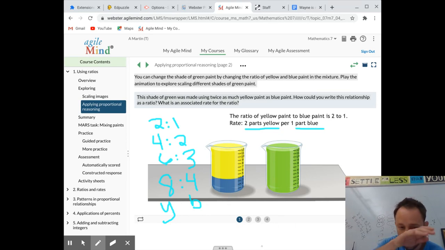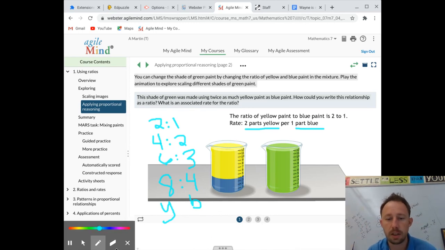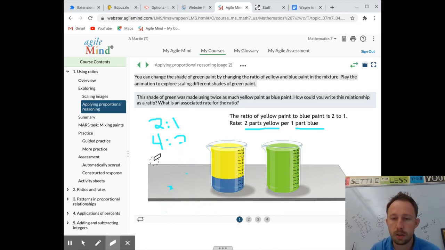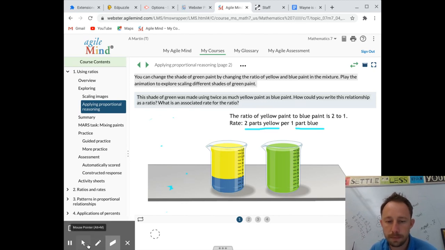So basically what we should notice is there's how many more parts of yellow are there than blue? Twice as much. Twice the amount. Great job. That's perfect. All right, so let's keep moving on. I'm going to erase this off of here. And we're going to look at part 2 of page 2.